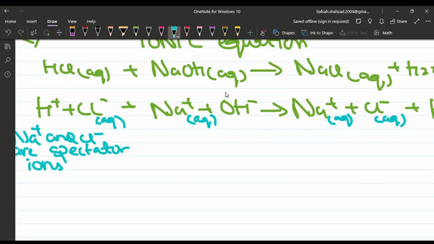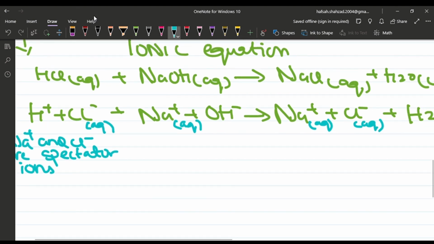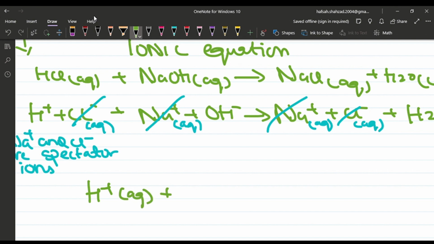Now spectator ions are to be cancelled directly because obviously they are not taking part in the reaction, so we don't need them. They are totally useless and therefore we will be cancelling them out. Cl will be cancelled from reactant and product both sides, and so would Na. So we are only left with the ionic equation: H plus aqueous, OH negative aqueous, gives H2O liquid.